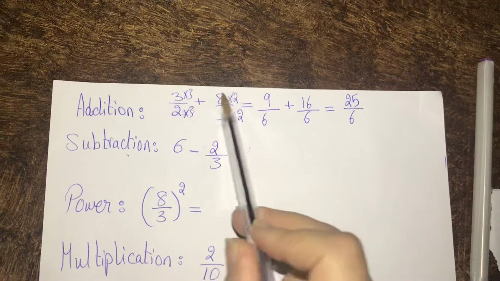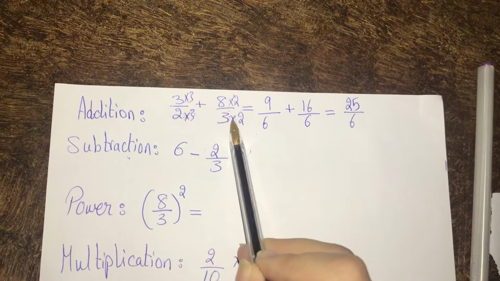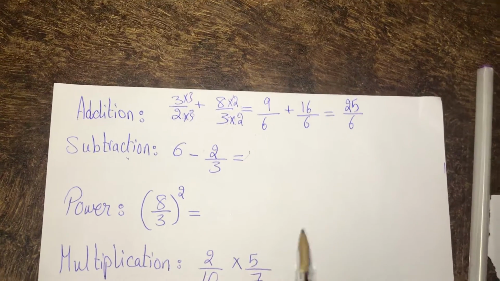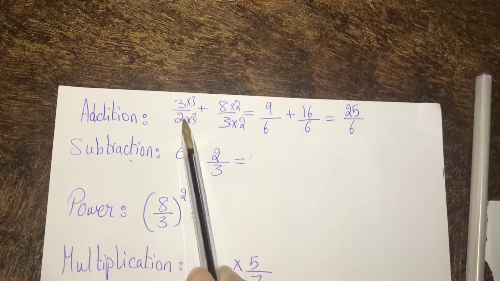For example, in this expression we have 2 and 3 in the denominator. So you have to find the common number in the multiplication table of 2 and 3.